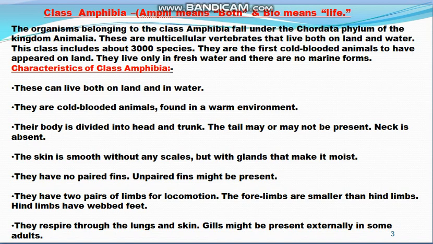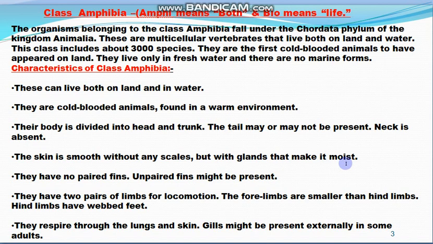When the tail is present, the trunk extends into the tail, and the neck is absent in amphibians. The skin of amphibians is smooth, it has no scales, and it has glands which make the skin moist, as you see in the frog.